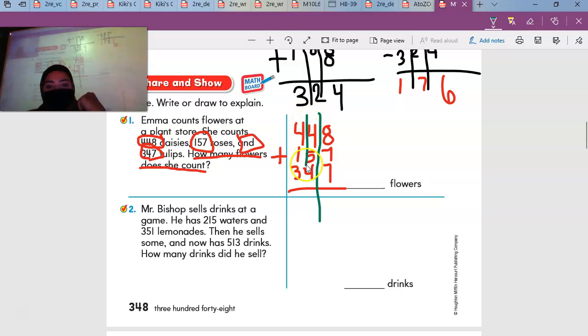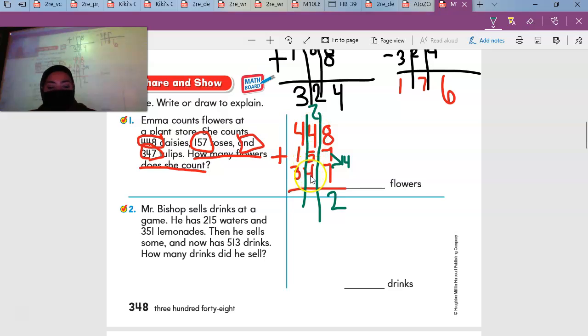So first I have 8 plus 7 plus 7. Well, I know my doubles facts, and I know 7 plus 7 is 14. Now I have to add 8 plus 14 is 22. Good job, 22. Now here, I know my doubles facts again.